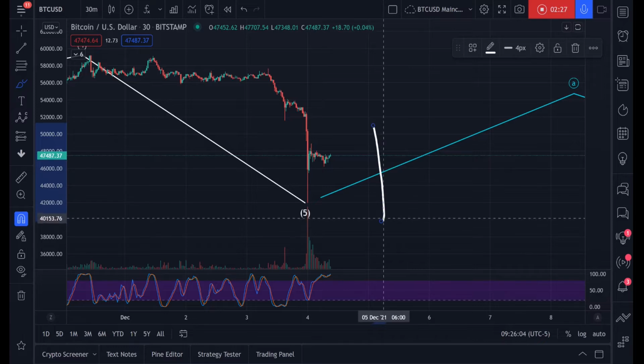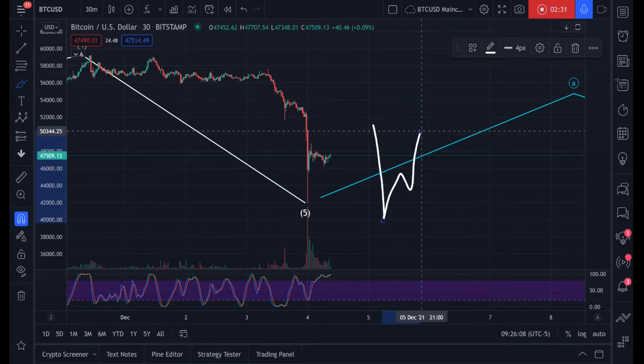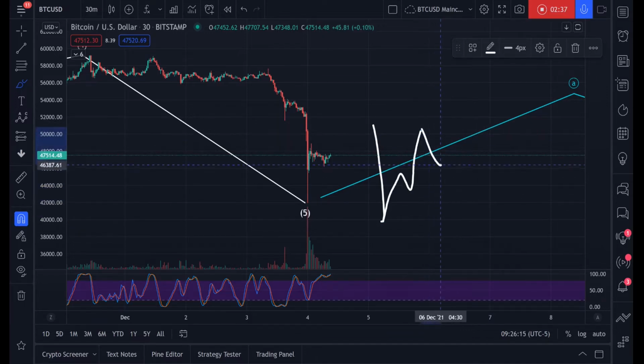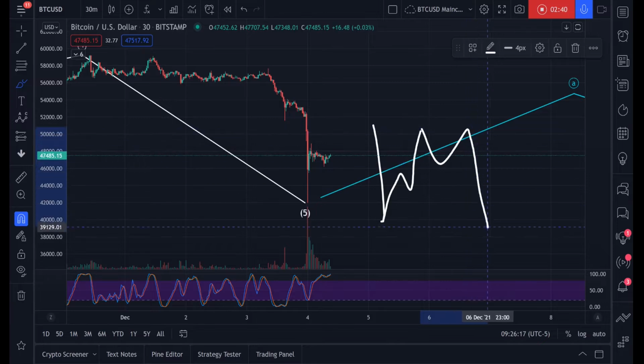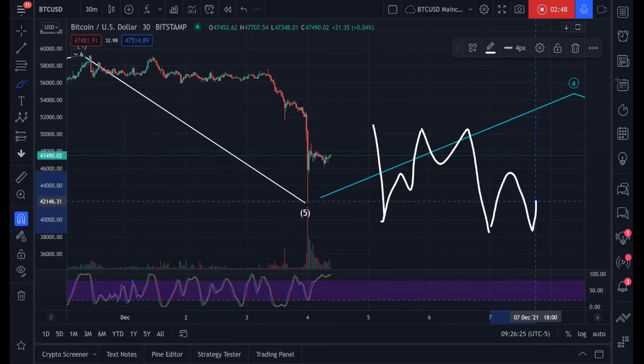Down, right? And then you go up with an A wave, and that A wave is going to take you quite a decent distance. And then you go down with a B wave, okay? And then you go up with a C wave.